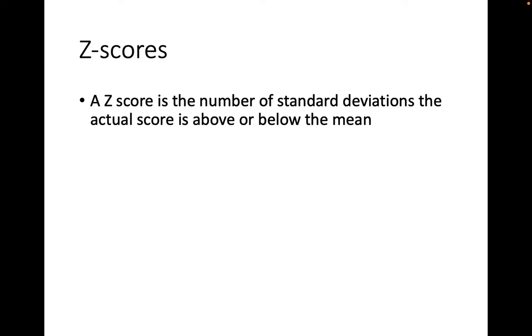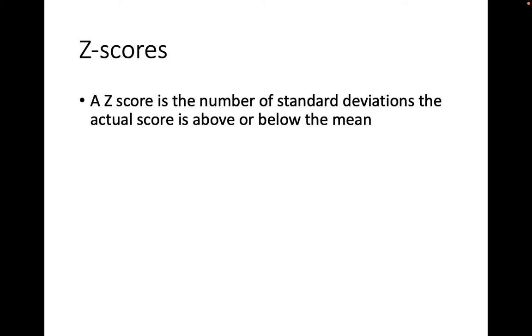So in previous lectures, we've learned how to describe a group of scores in terms of the mean, as well as variation around the mean. Today, we'll learn how to describe a particular score in terms of where it is located in a group of scores, or we could also say in terms of where it is located in the frequency distribution.